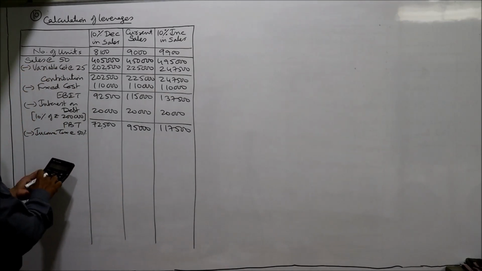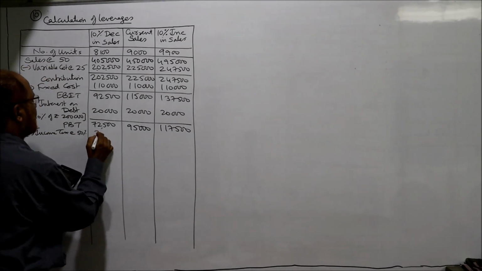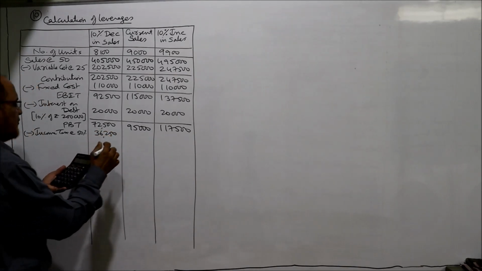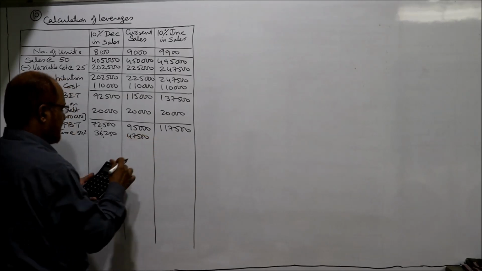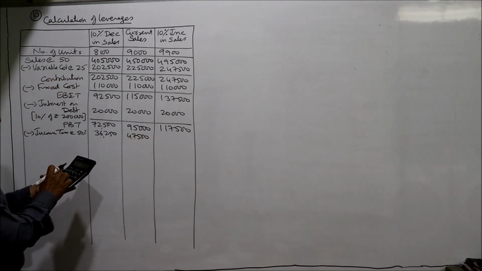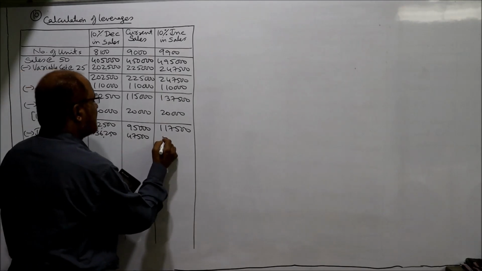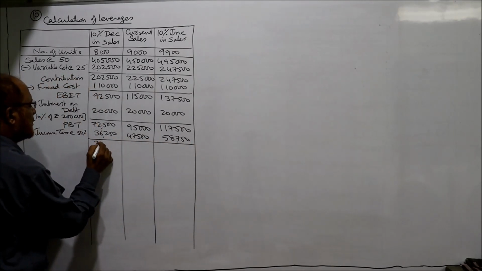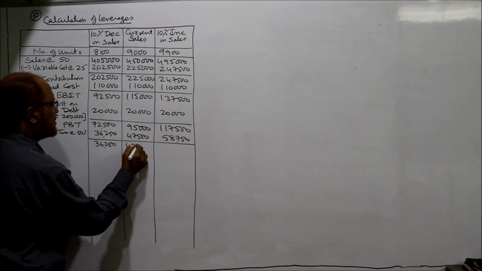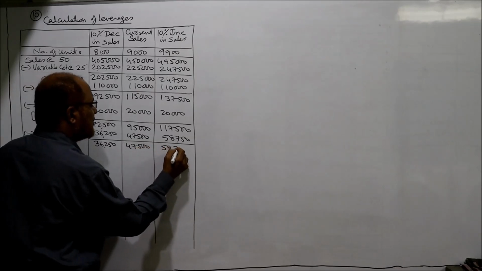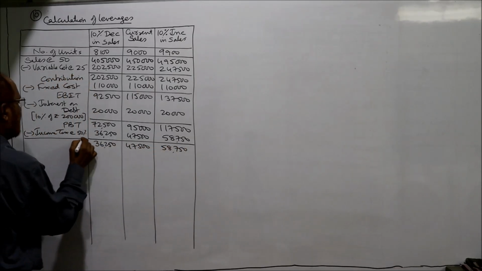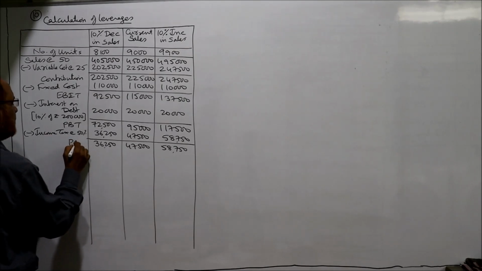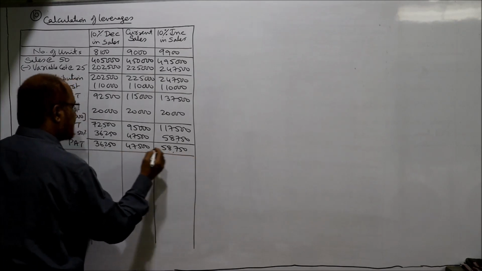So 72,500 into 50%, 36,250. 95,000 into 50%, 47,500. 1,17,500 into 50%, 58,750. 36,250, 47,500, 58,750. This is called PAT, profit after tax.